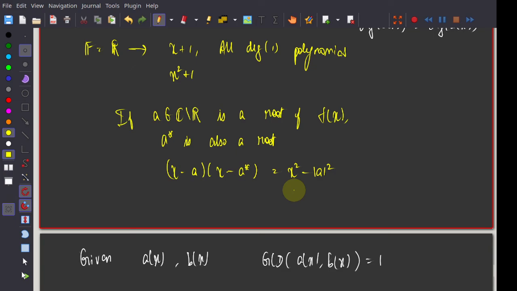Why? As long as degree of f of x is greater than 2. Yeah, I mean, even otherwise, even if it is 2, it's a constant.